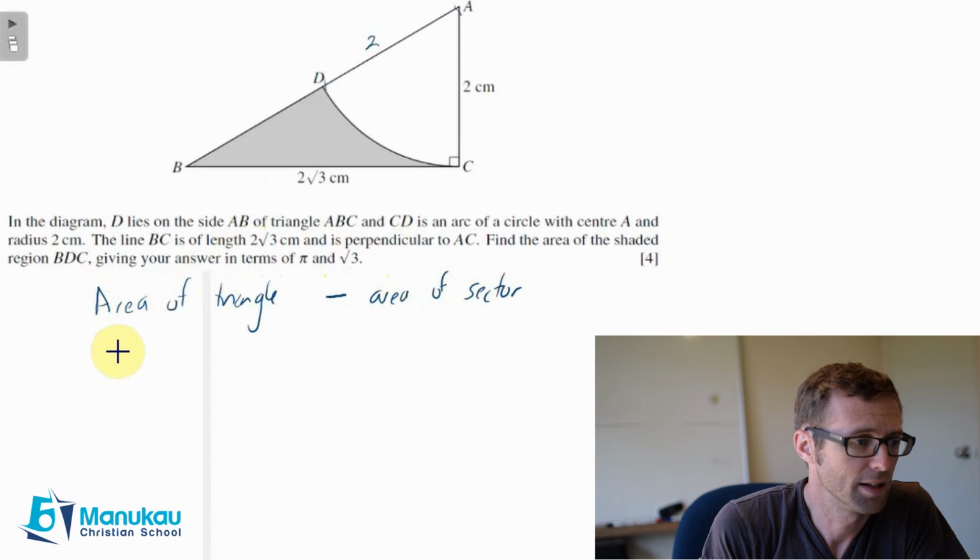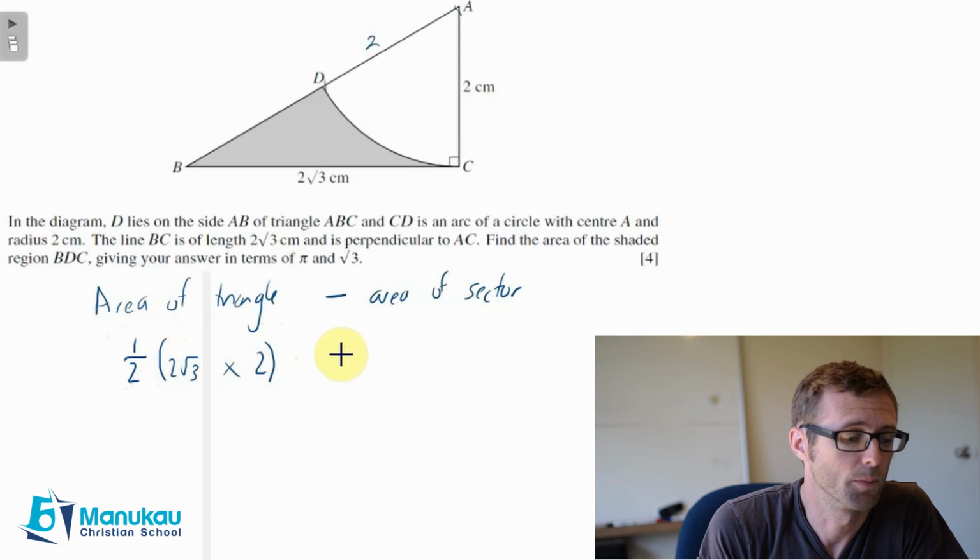The area of the triangle is going to be half base times height, so it'll be half, 2 square root 3, times the height, which is 2. That's the area of the triangle. Then we're going to subtract the area of the sector. Now we're doing this in radians, so it'll be half r squared theta.